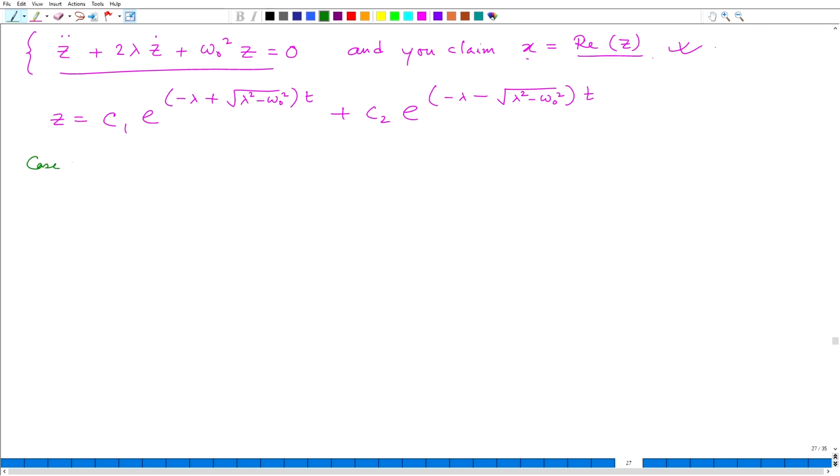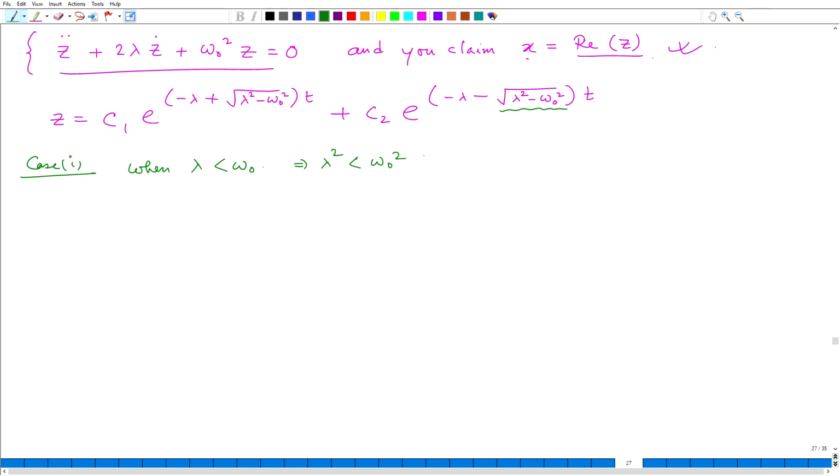So, case 1 is when lambda is less than omega 0. That means the root is imaginary, so lambda square will be less than omega 0 square.